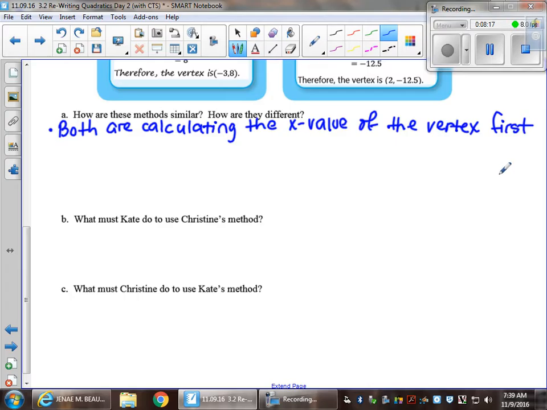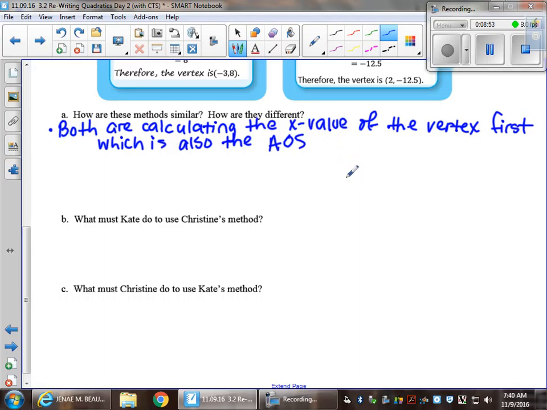What did she call it in her explanation? She called it the axis of symmetry. Is that correct? Yeah, because first is finding the X value. And the X value of the vertex is the axis of symmetry. Very good. So both are calculating the X value of the vertex first, which is also the AOS, axis of symmetry.